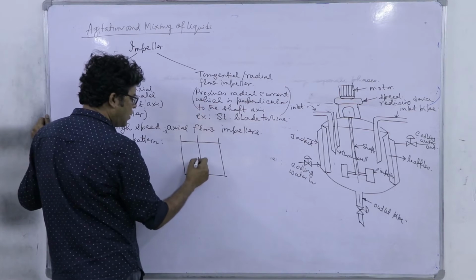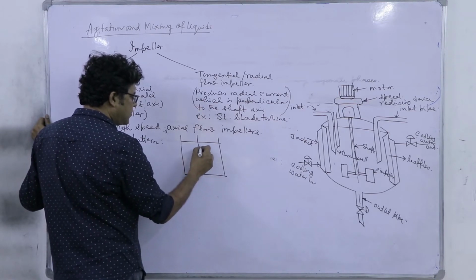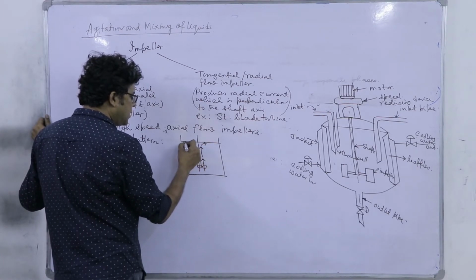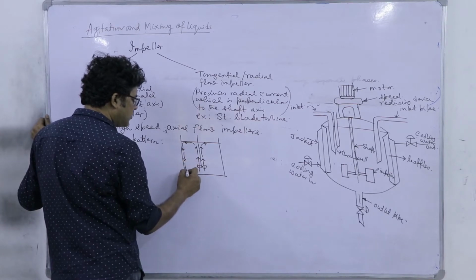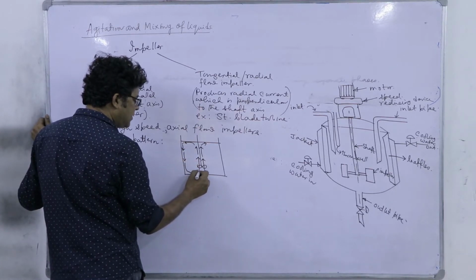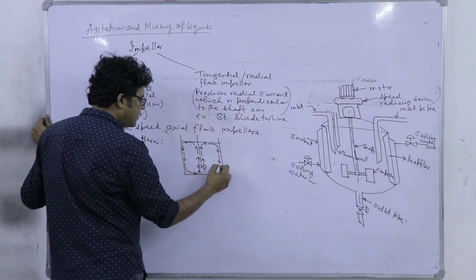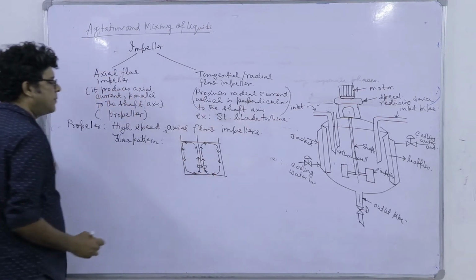It produces a strong axial current. This axial current gets reflected from the top and moves back following the area close to the wall, deflected by the base, and again comes here. So, this is the typical flow pattern of a propeller.